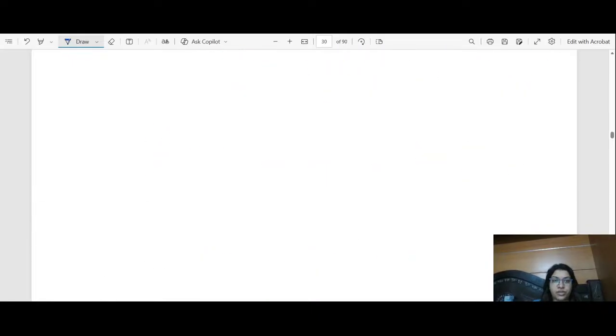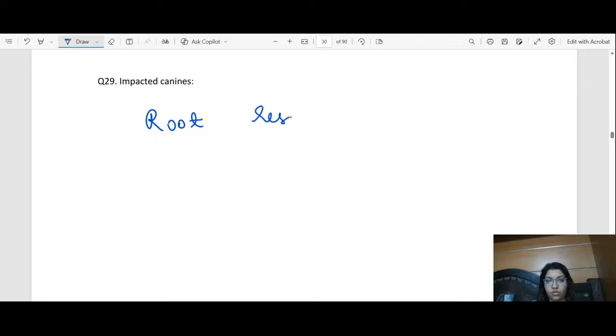Let's come to the next question. Impacted canines most likely are ankylosed, may damage the roots of the other teeth, are good in function, or will not erupt until the root formation is complete. So the answer here is they cause root resorption of the adjacent teeth.